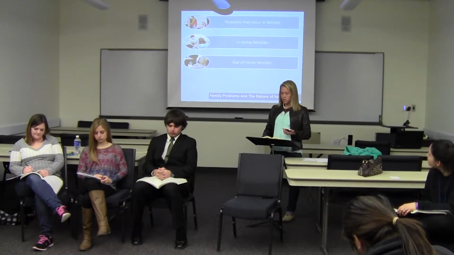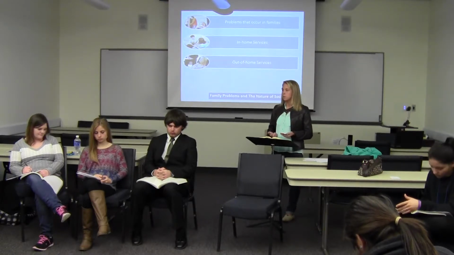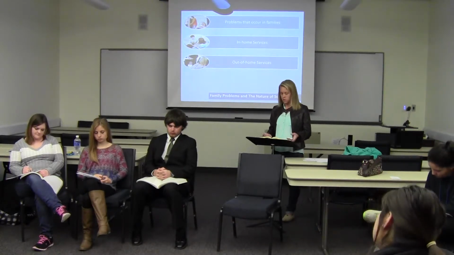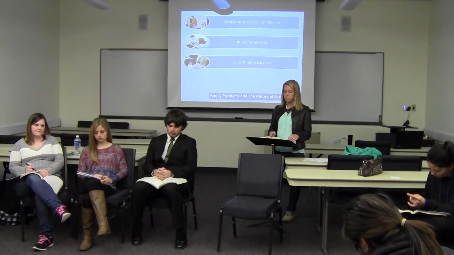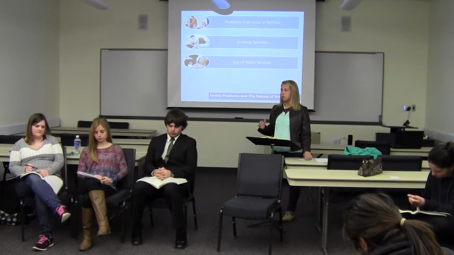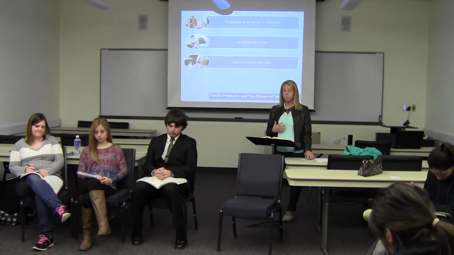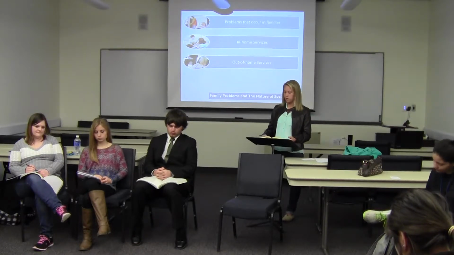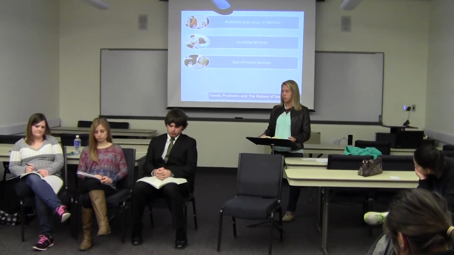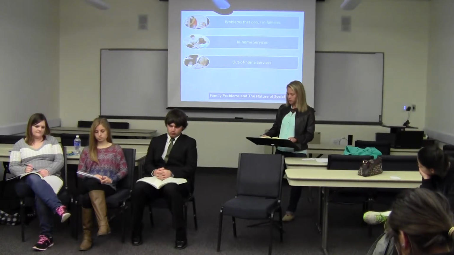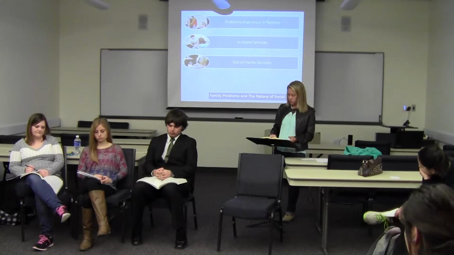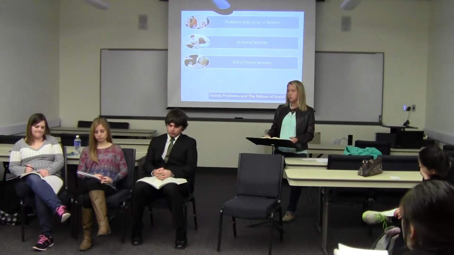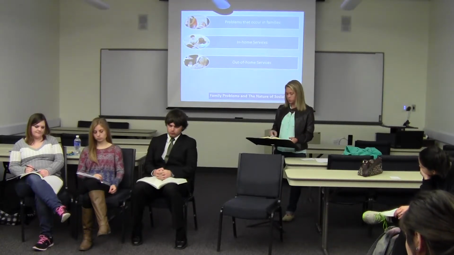And I think a lot of times when we think of a family breaking up, it's divorce. But that's not always the case, because a lot of the times Child Protective Services will have to step in and kind of take over and take the children away from a home, which is breaking apart a family. And a lot of times that requires a lot of therapy for the child and the parents. So that's just an example of an out-of-home service. Other examples are foster care, adoption, group homes, institutional care, and a lot of times it involves the judicial system.